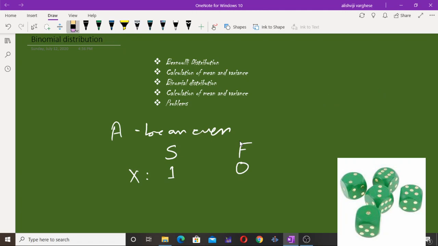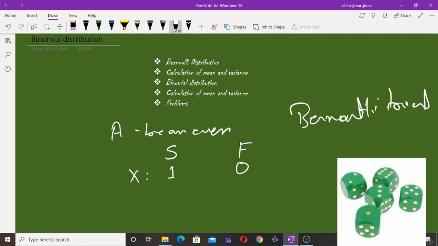And this kind of random experiment, which has only two possible outcomes that can be referred to as success and failure, is known as a Bernoulli trial, and such an experiment is known as a Bernoulli experiment.